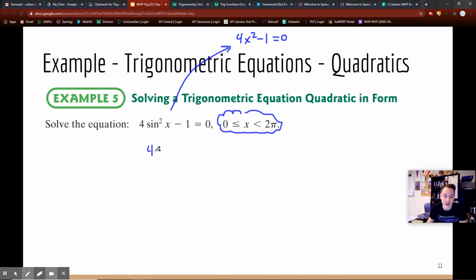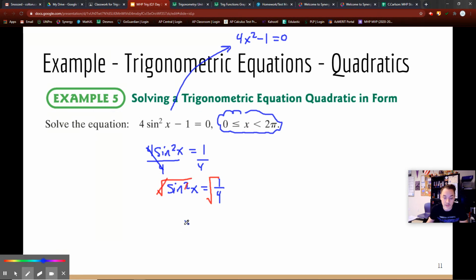Add the 1 over. So 4 sine squared x. I'm just solving for sine here. And then add the 1 over is 1. Divide by 4. That goes poofy. So I'm left with sine squared x equals 1 all over 4. Now watch this. Because this is squared and I can do it, square root. The square and the square root go poofy.